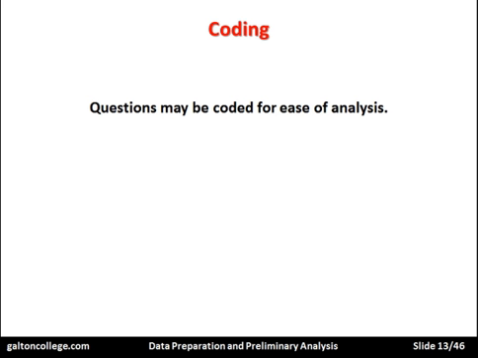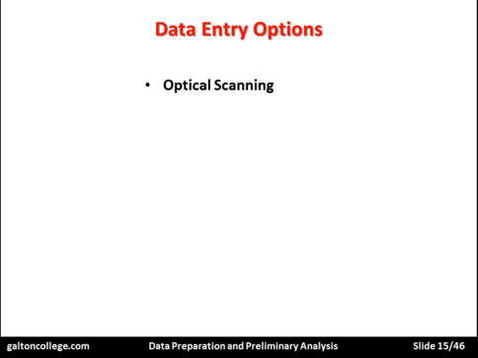Now, as I said, the questions may be coded for easy analysis. Of course, encoding could also use optical scanning. For example, an answer, I purchase this product every week, if that's given a code of 1 or 2 or 3 or whatever, then the code could be optically scanned, so that results from questionnaires of that type, if there are many questionnaires, may be optically scanned and therefore easily entered into tools for analysis.